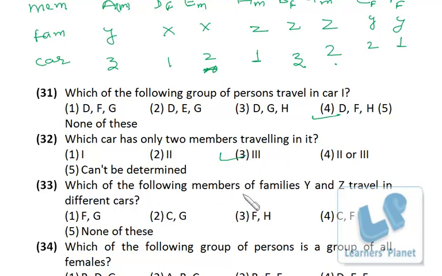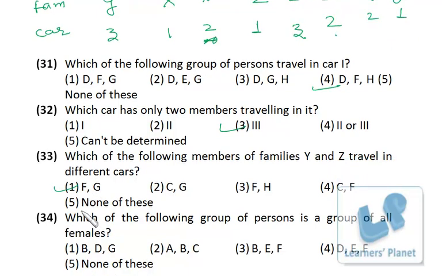Which of the following members of family Y and Z travel in different cars? Family Y and Z, this is Y and Z in different car. So we have F, this combination we can have, yeah, F and G. So Y and Z. So this is correct.